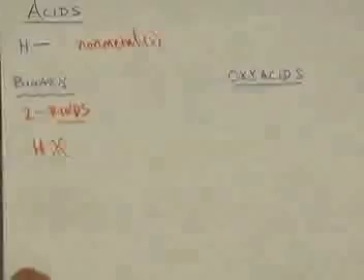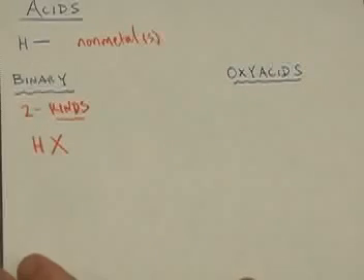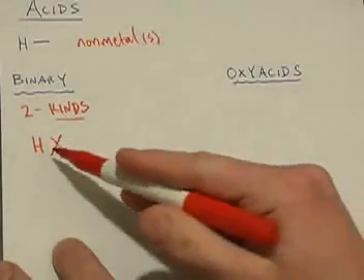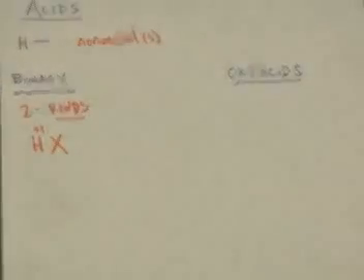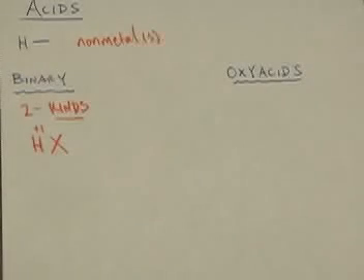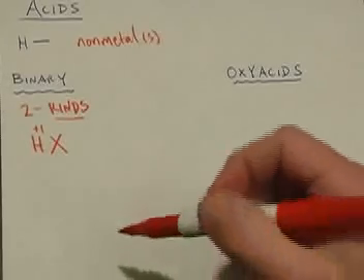Other than that, everything else is a semi-metal or a metal over here, and those things can make binary acids depending on what their normal charge is. I'll always assume in an acid that the hydrogen has a positive 1 charge, like we did in putting together formulas for ionic compounds. Technically acids don't fit together the same where we drop and swap charges, but we can use that idea when we write formulas for acids.